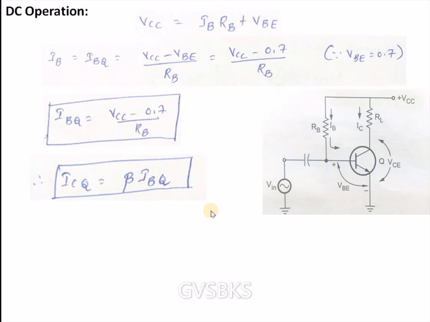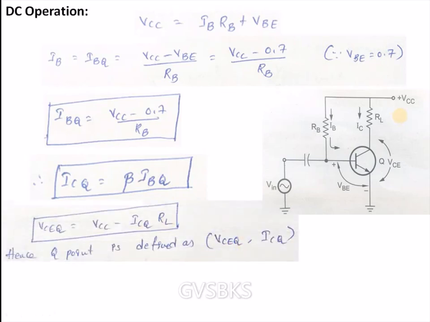IC is equal to beta times IB. Similarly, ICQ is equal to beta times IBQ. If you apply KVL for the output side loop, VCEQ, the output voltage, is equal to VCC minus ICQRL. As we are calculating the quiescent collector current, IC becomes ICQ, so VCEQ is VCC minus ICQRL.